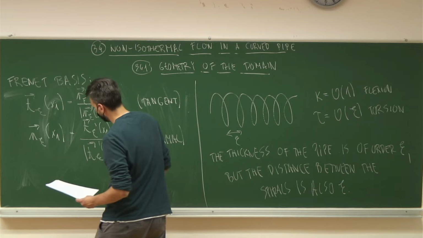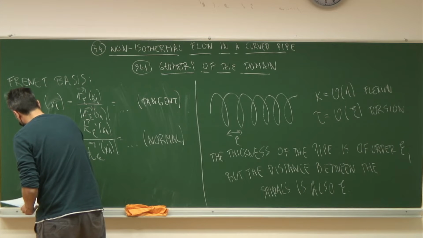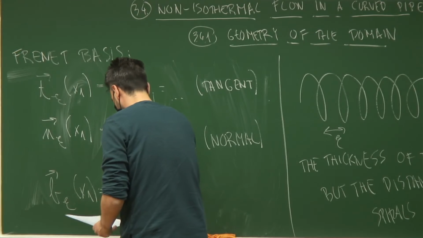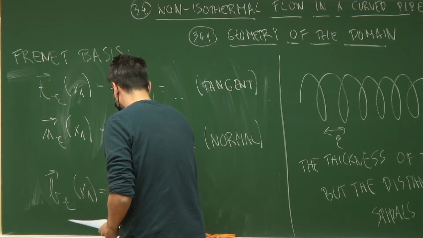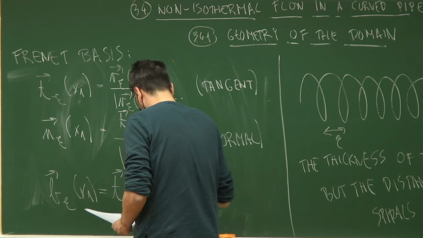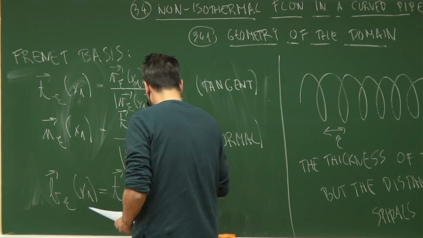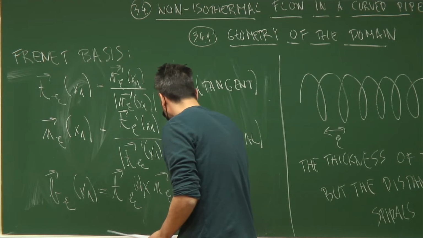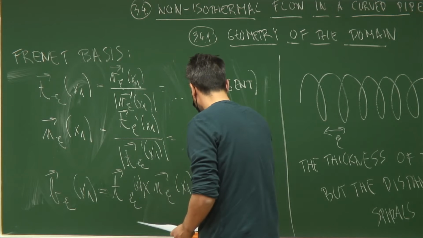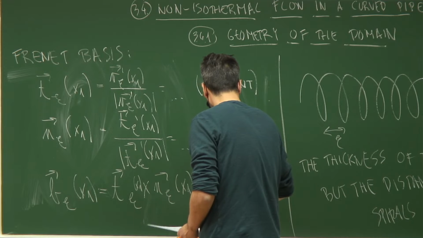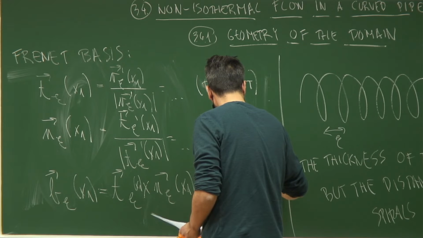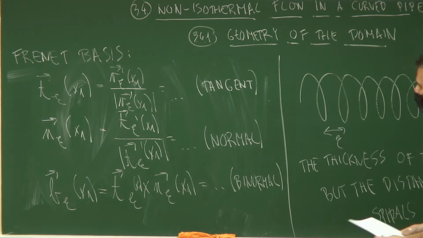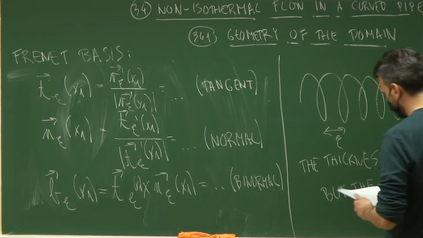Here I think you also need this, and b epsilon. And of course, this is perpendicular to both. So they all depend on x1, of course. So for starters, you have this classical Frenet basis.